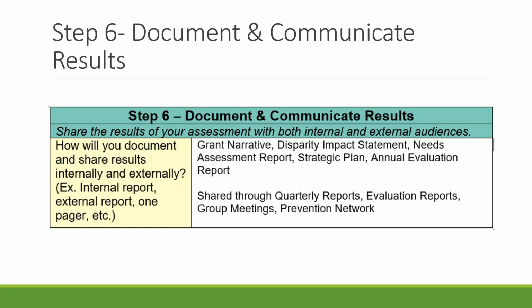So they documented their different assessment findings through the grant narrative, the disparity impact statement, the needs assessment report, the strategic plan, and the annual evaluation report. Now, those results will be shared out through quarterly reports, evaluation reports, group meetings, information through Prevention Network, and uploaded into the federal reporting system.